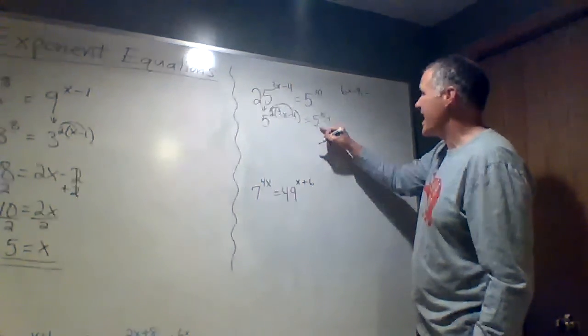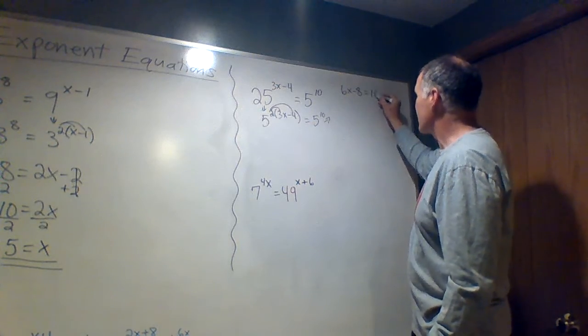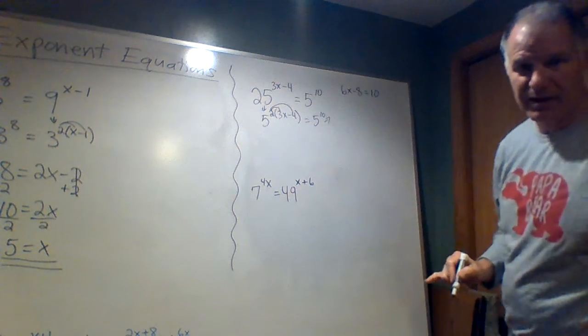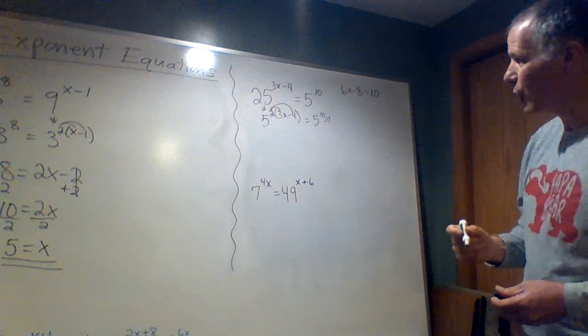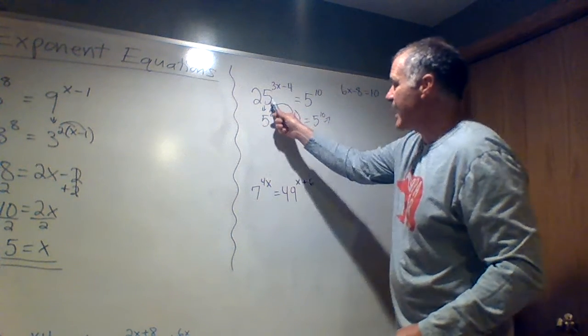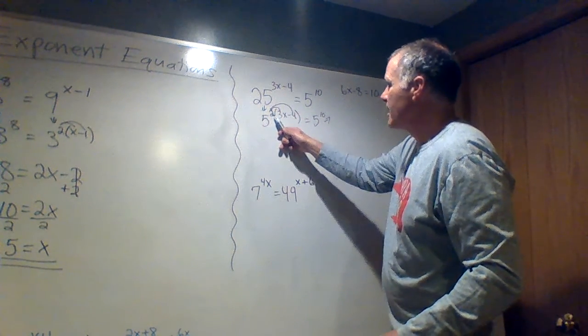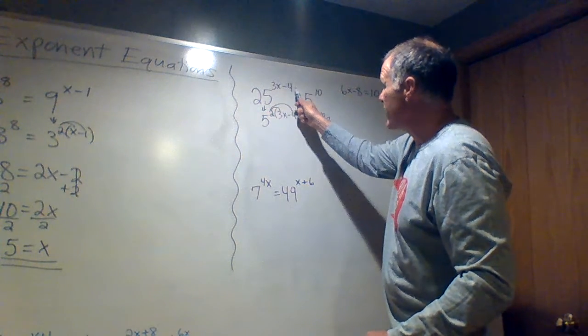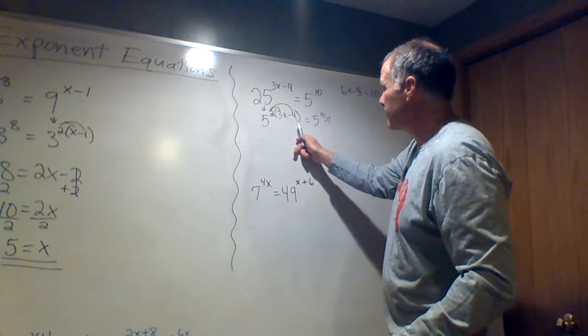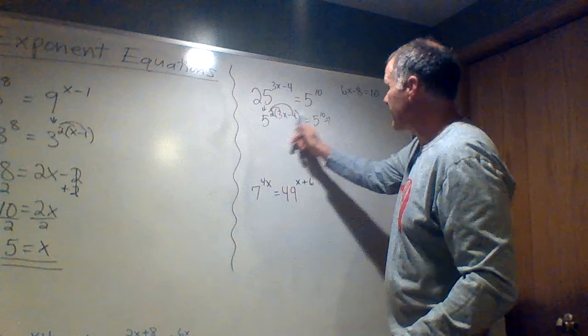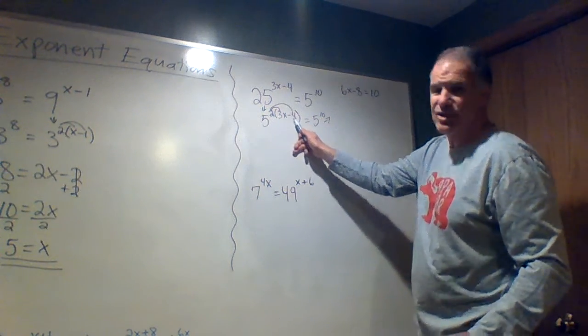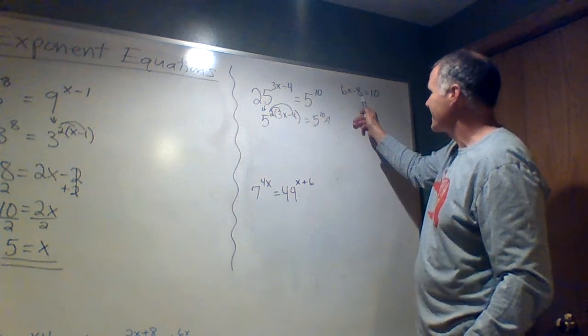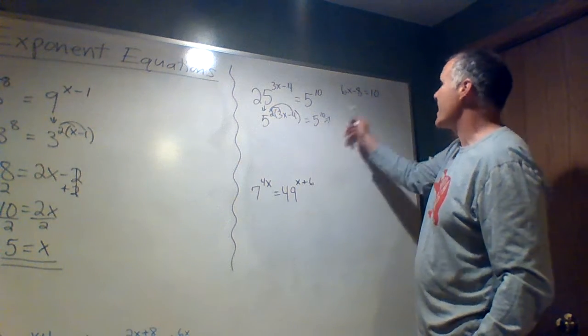Then the 5 to the 10 just comes over, and there's my equation. Hopefully this is making sense. Again, 25 became 5 squared. That square has to go with that binomial, but it has to be in a parenthesis and distribute. So 2 times 3 made 6x. 2 times negative 4 made the 8. And then 5 to the 10, the 10 just comes over.